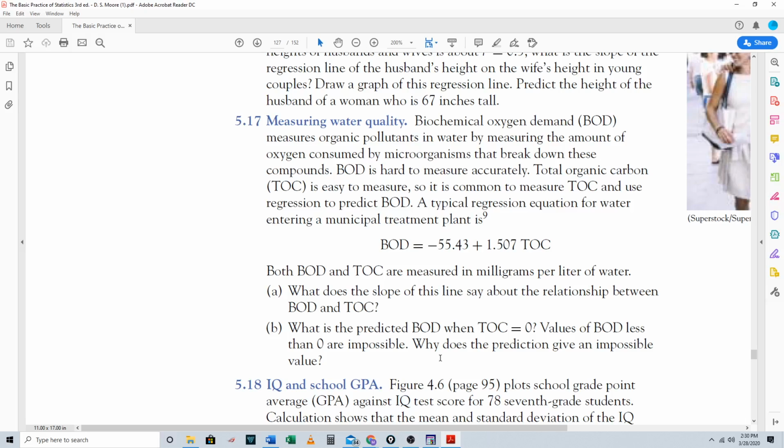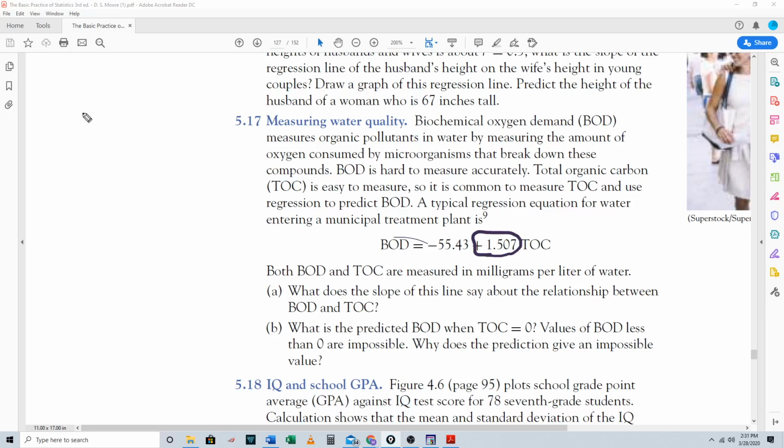All right, so the slope is right here. That's the slope. Now, this is really fun to put because this is a really technical setup here: biochemical oxygen demand and total organic carbon. Whatever those actually are, I have no clue.